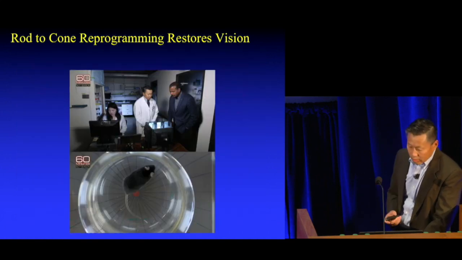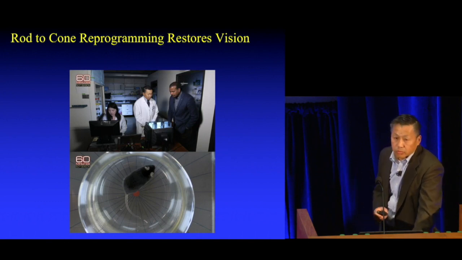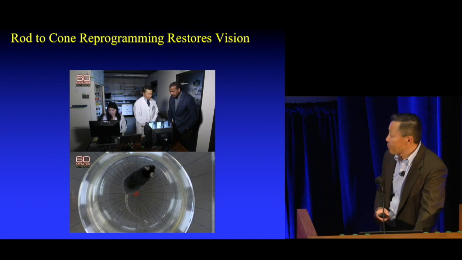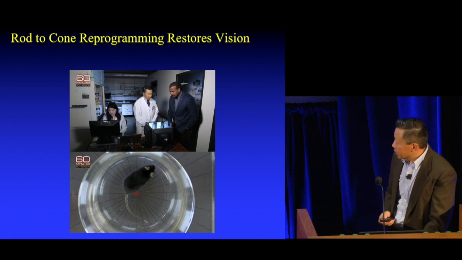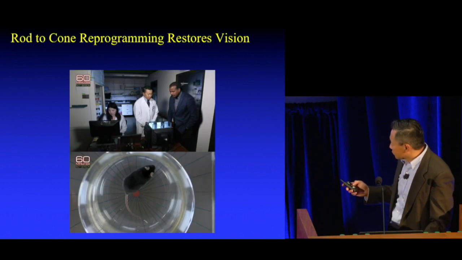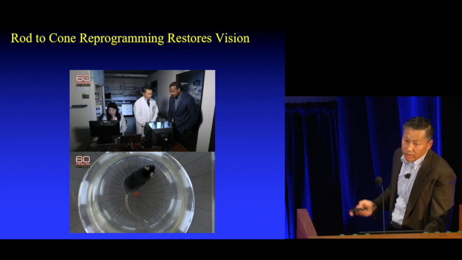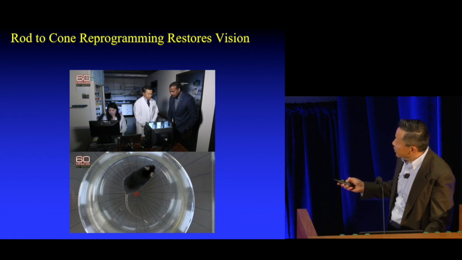And this is just one of the examples. This reprogramming strategy was part of the report by CBS 60 Minutes, along with Feng Zhang, Eric Lander, and Mitch Toft's group. Shown here is a mouse undergoing a test called optokinetic testing, where we can precisely measure the vision of the mouse by rotating this drum.